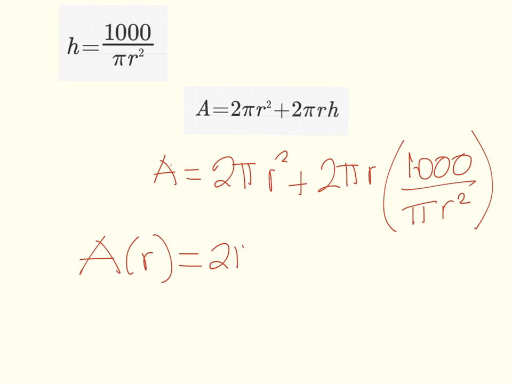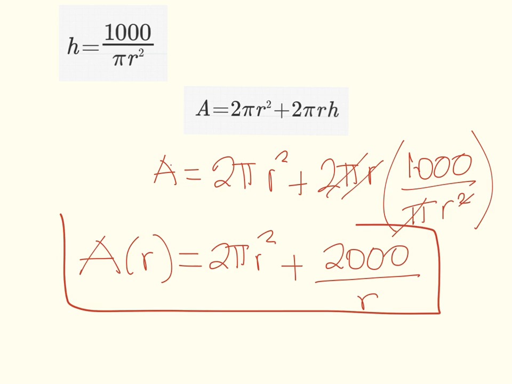And that function will be 2 pi radius squared plus 2,000 over radius. And that is actually the function that I want to minimize in order to have the least material used.